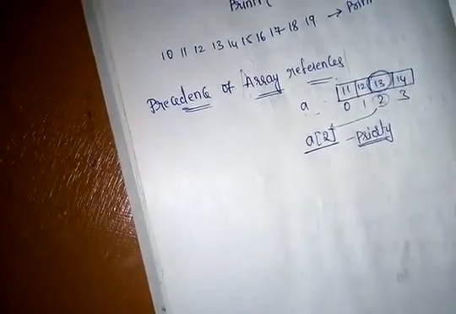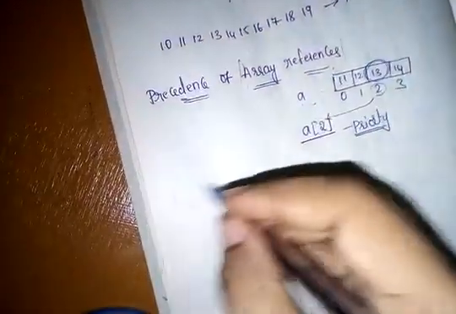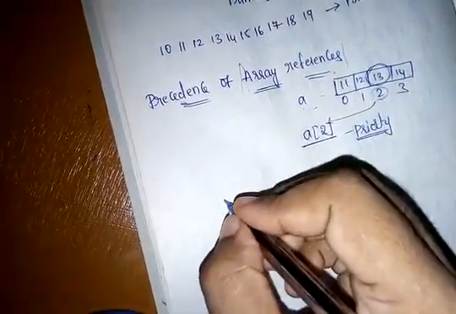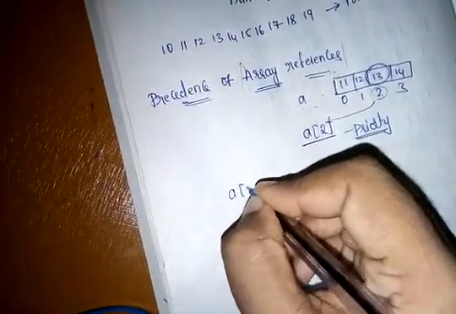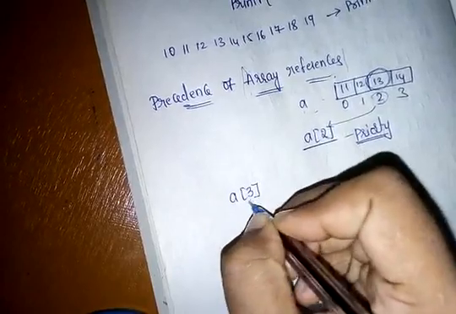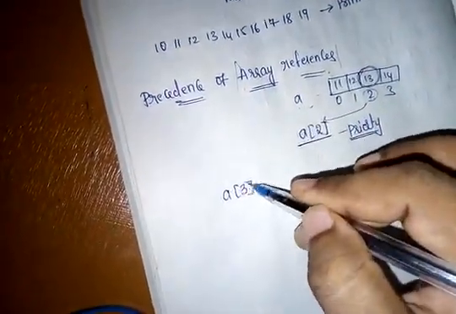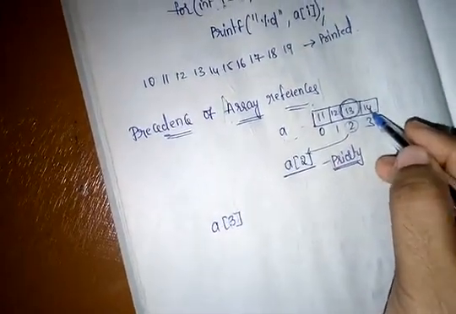Now say for example, this is an array A with elements 11, 12, 13 and 14. If you want to change the value at A[3], in array A the index 3 has element 14.